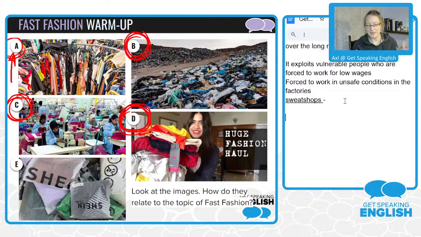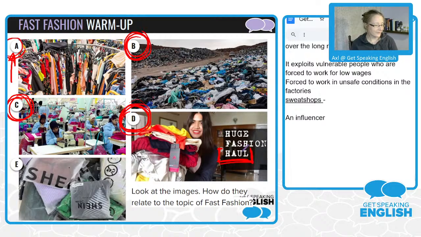She looks like she could be an influencer, right? So somebody who has a presence online, and then uses that presence to influence their followers to do different things. And we have this word here on this image: it's huge fashion haul.